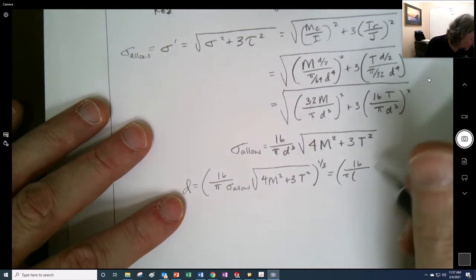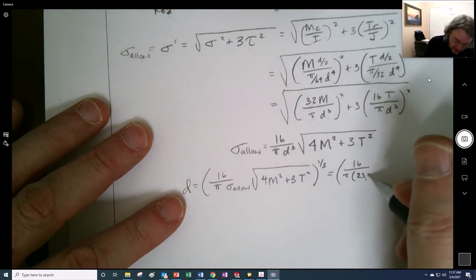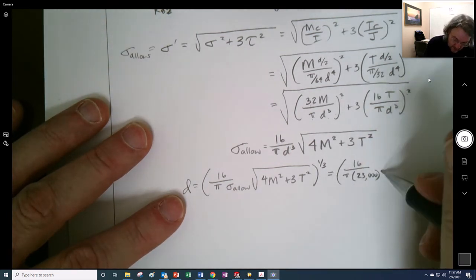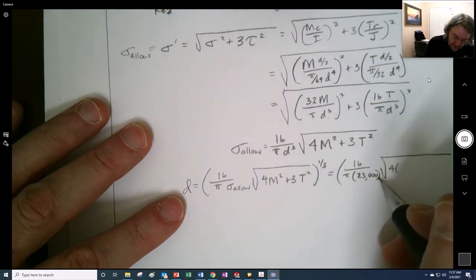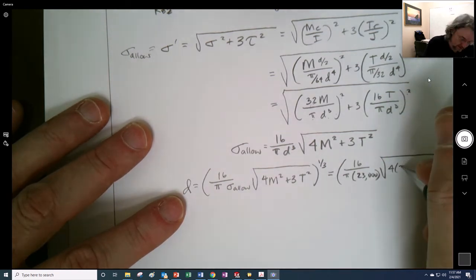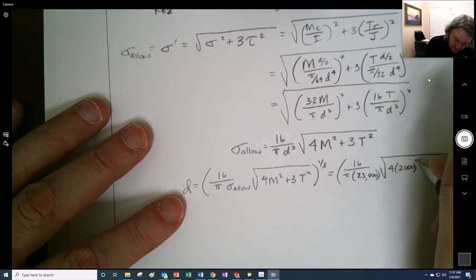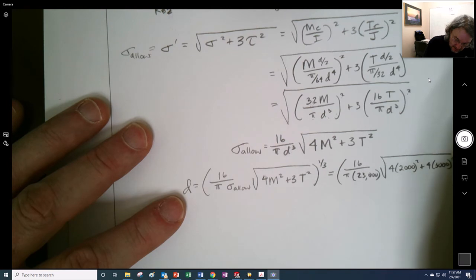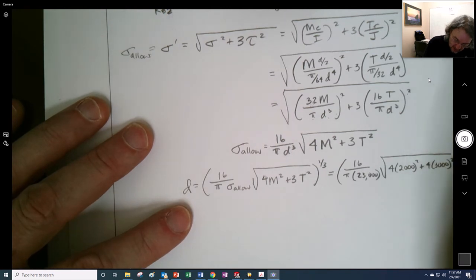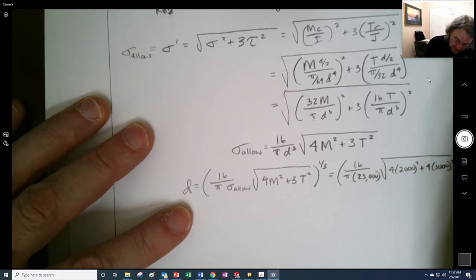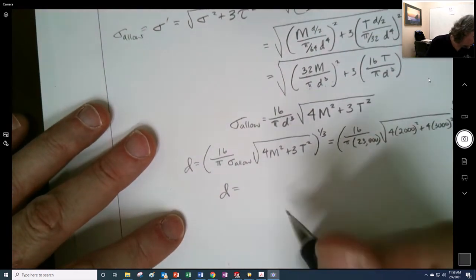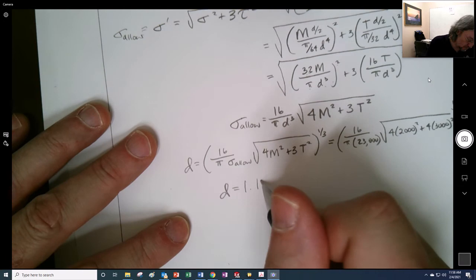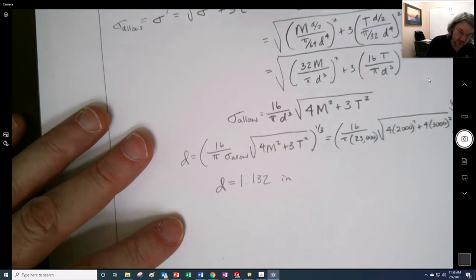We put this in here, and I decide to not play around with my units at all, and just use the full 23,000 right in there. This is 2,000 in bending. This is 3,000 inch-pounds in torque, all raised to the 1/3, and I get a diameter of 1.132 inches right there.